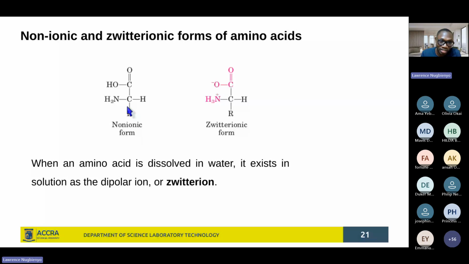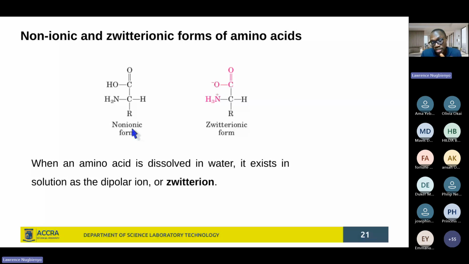Here the carboxylic acid group is written COOH, and the amine group is written NH2. So there are no charges on this form of amino acid.